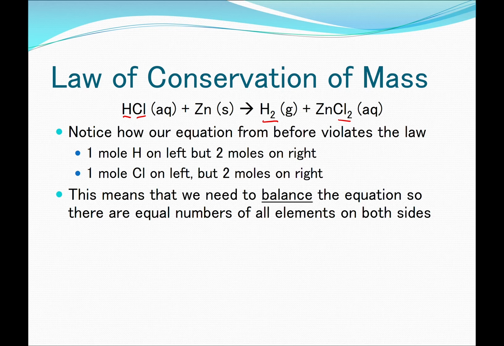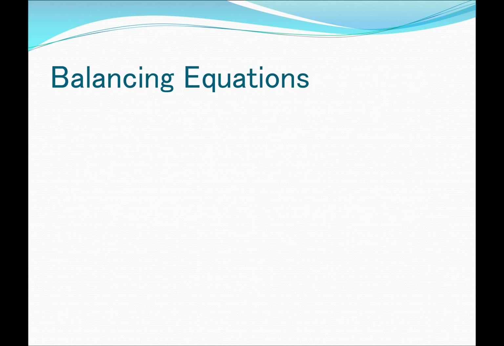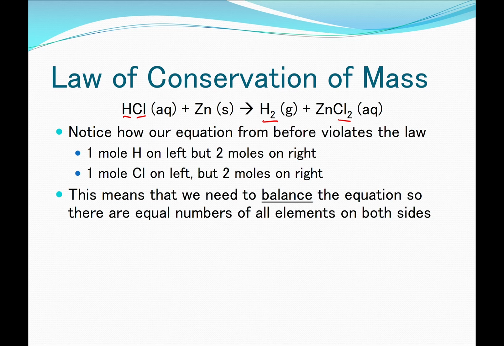And in order to do this, the only thing we can adjust are the numbers coming in front, or our coefficients. So we can adjust these numbers in front here, which will help us to balance out the formulas coming after it. We can't change H2. We can't call H2 H1.